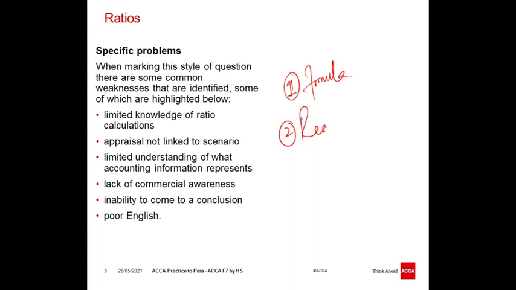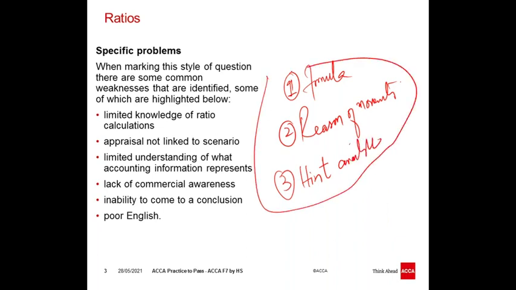The second, you should know the reason for the movements. And the third one is you need to incorporate the hint which is available in the ratio. So these are the 3 skills. If you develop these 3 skills, you will get 100% marks.